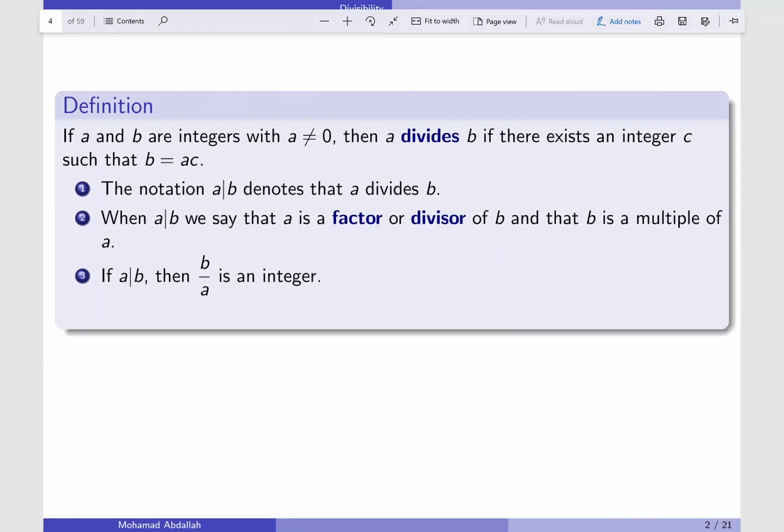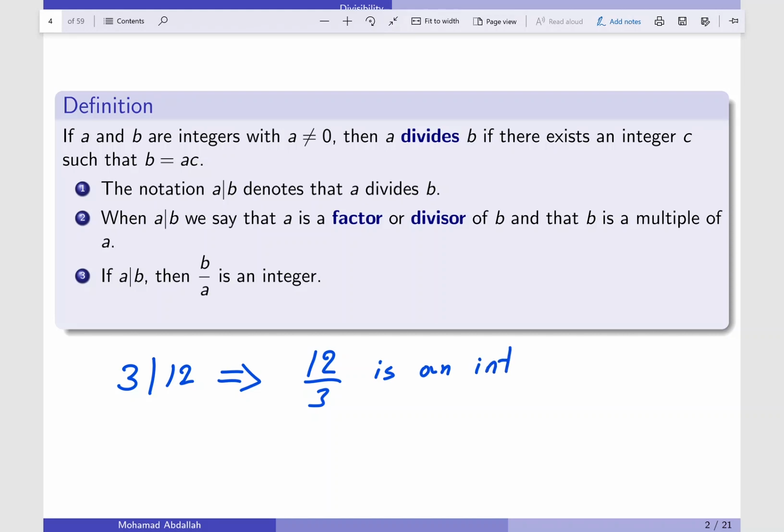Now clearly, if A divides B, then the fraction B over A is an integer. Again, let's refer to the example: I said that 3 divides 12, which means, according to this, that 12 over 3 is an integer.